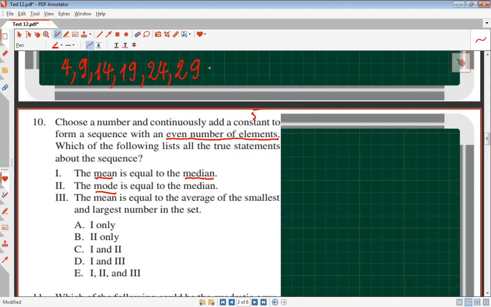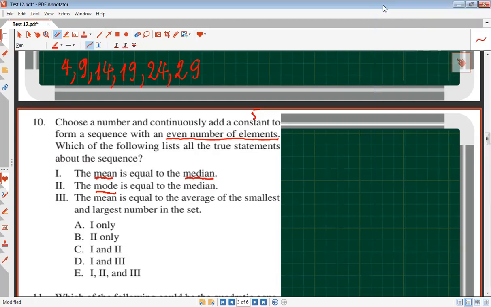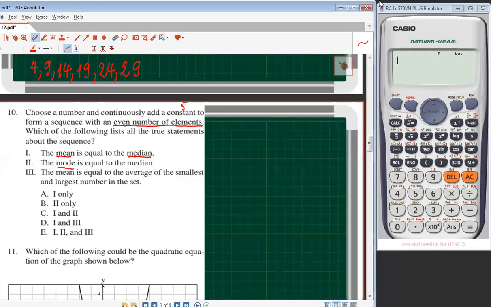And to find the mean, we just take the sum of all numbers and divide it by 6. Maybe we need to use a calculator here. Let me share. Okay.